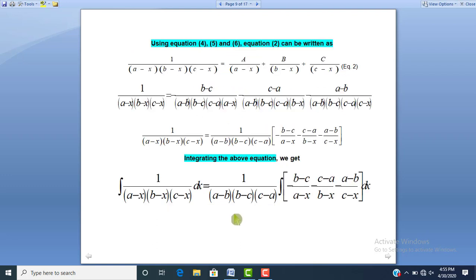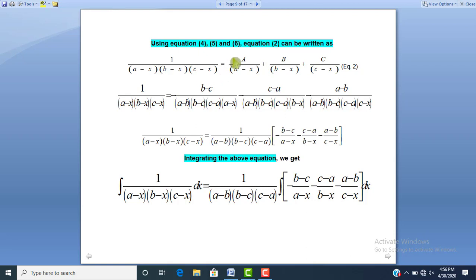Dear students, now by using equations 4, 5 and 6, we will put the values of A, B and C in equation number 2. This is equation number 2 which you studied at the start of this lecture.